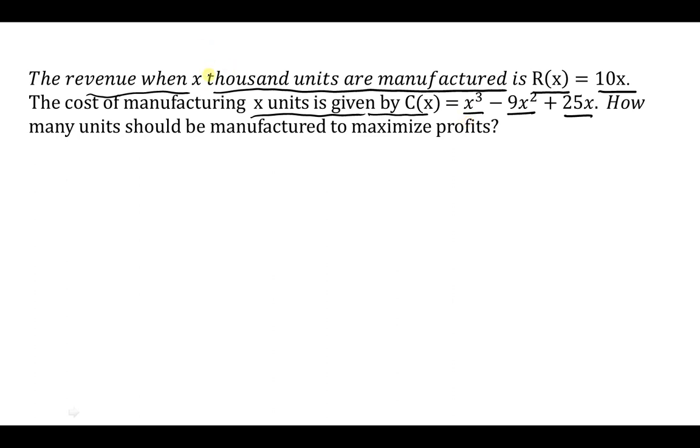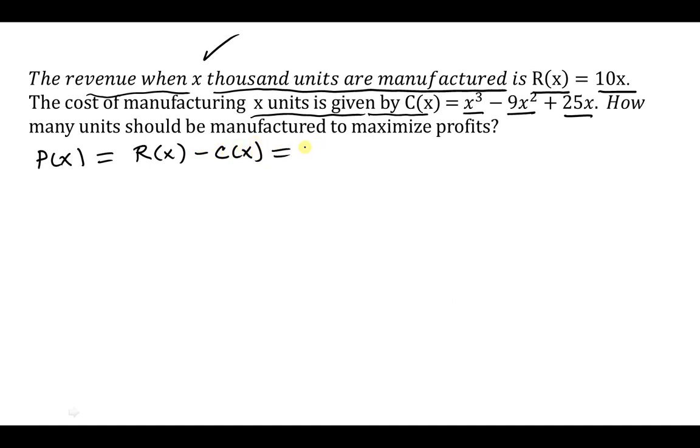So we're going to be manufacturing X units where X is in thousands, and the profit that we obtain we call P of X, and obviously it's going to be the revenue, how much you sell all of these products for, minus the cost.